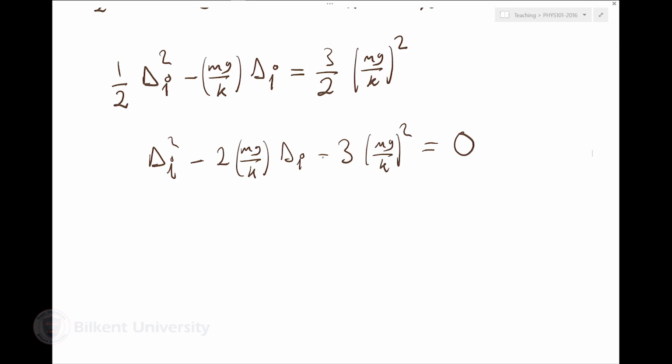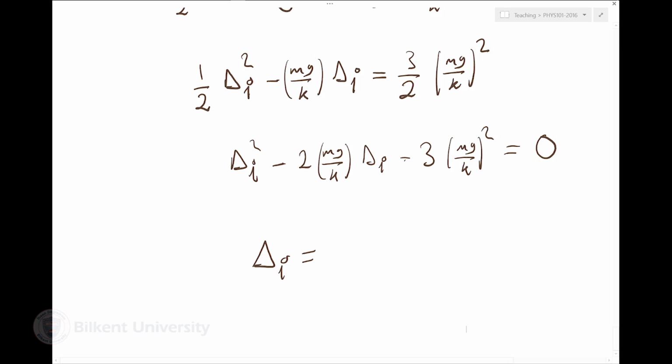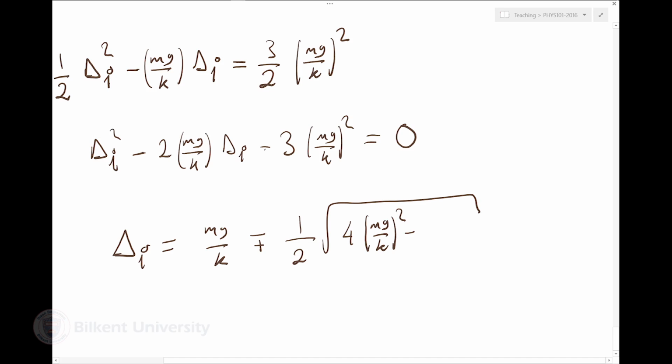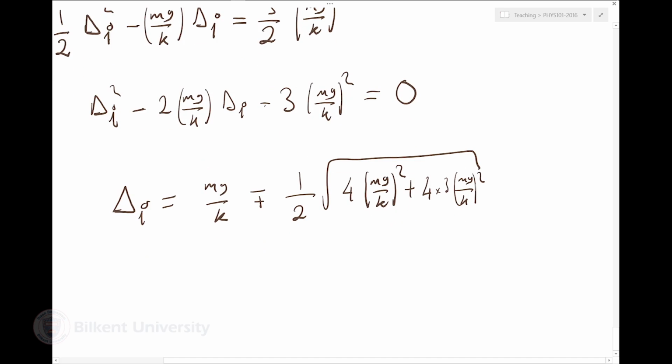So now I need the quadratic formula. Delta I would be minus b over 2a. So it's going to be mg over k plus minus 1 over 2a square root of b squared, 4 mg over k squared, minus 4ac, 4 times 3 times mg over k squared, right?